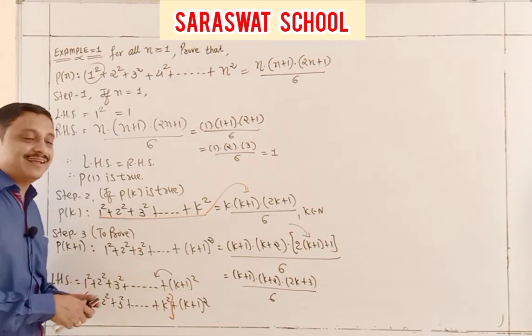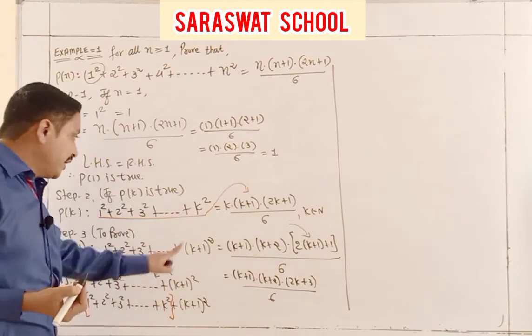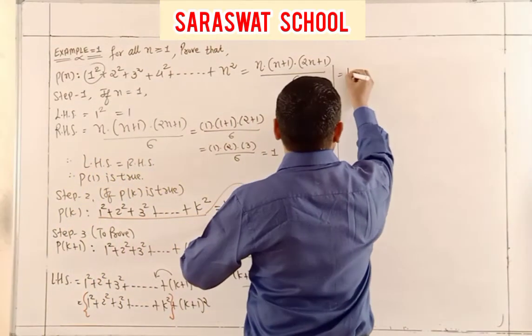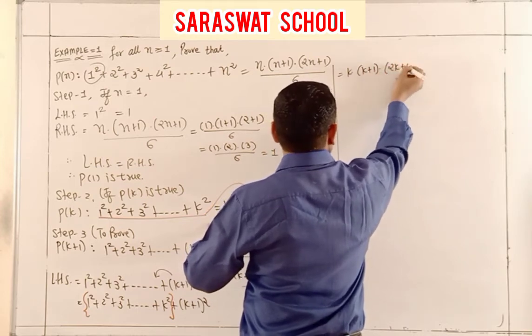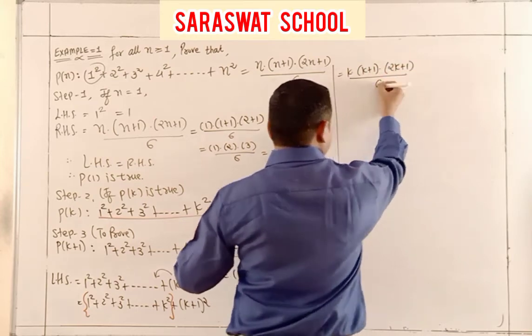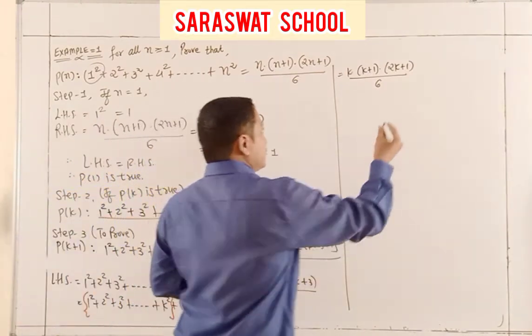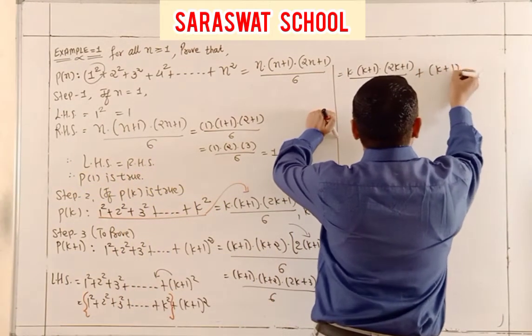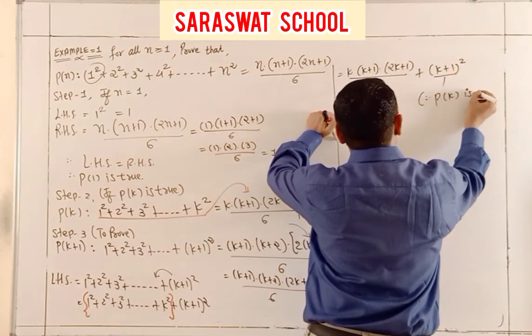Put it there and the numerical is easily over. So this value is k(k plus 1)(2k plus 1) by 6, and k plus 1 whole square as it is, because Pk is true.